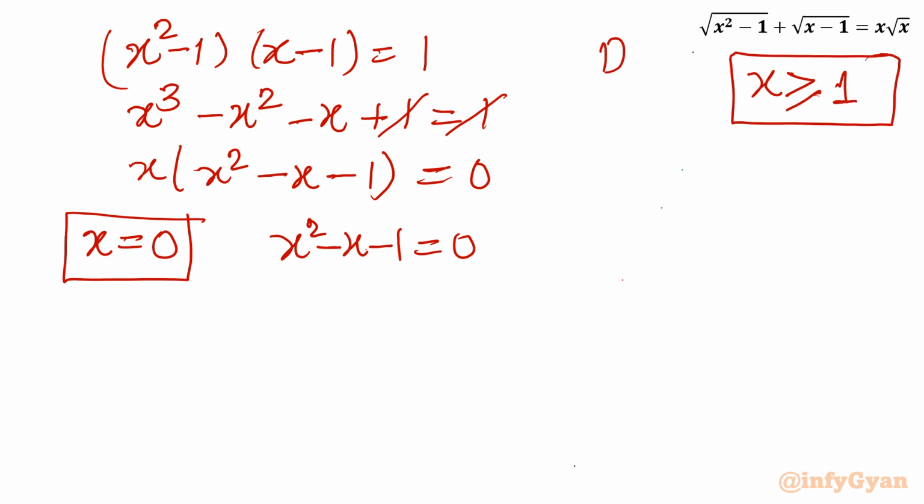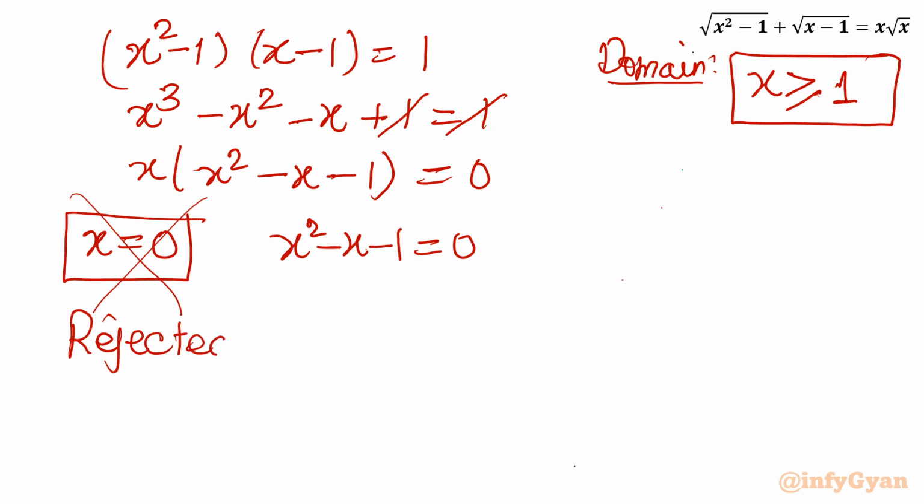This was our domain which we know for the real solutions. So this solution we will reject because it is less than 1.